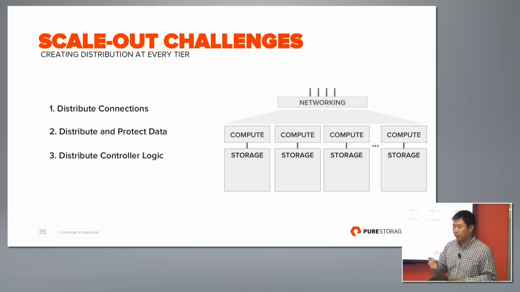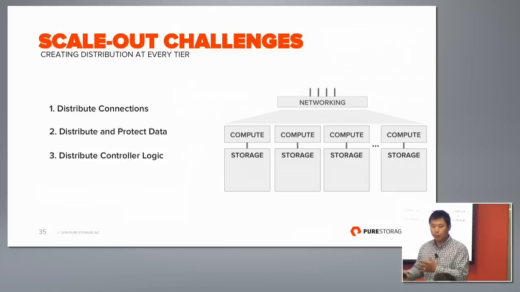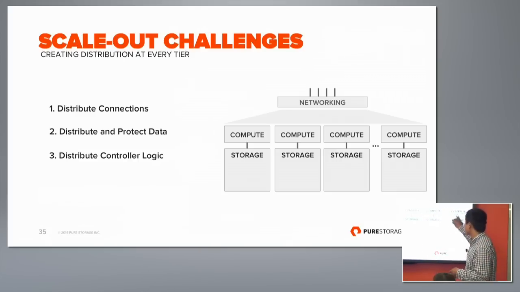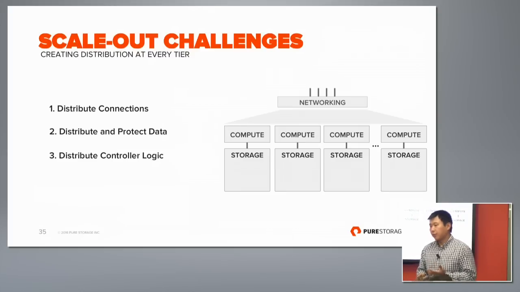You may have more of a blade type architecture like we have, with a single compute unit with direct attached storage behind it. But at a high level, you really have 3 tiers: compute, storage, and networking to tie it all together and unify it. And so what this means is that in order to scale out, we have to find a way to create distribution and parallelism through each of these tiers.